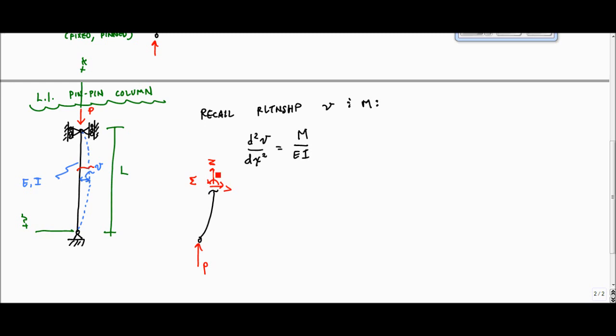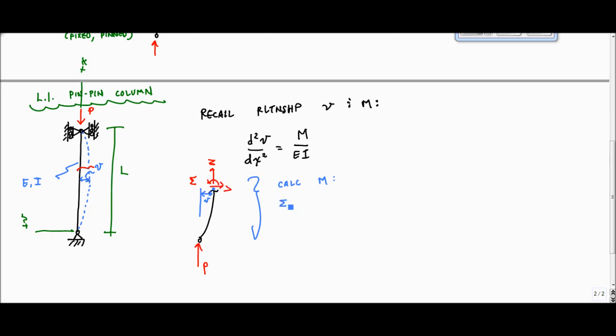The distance here in my buckled shape is a distance V. If I want to calculate the moment M right here using this free body, I would take moments about this point.